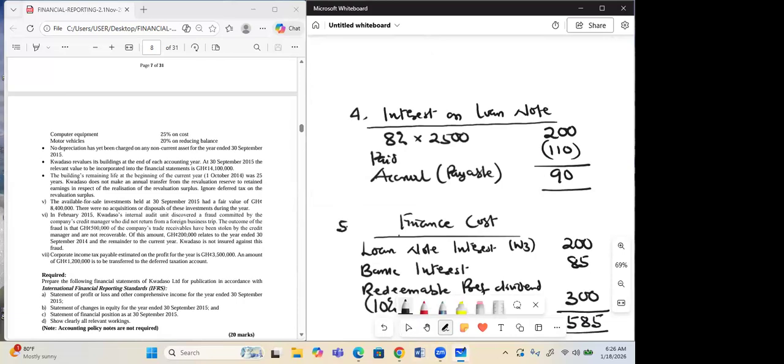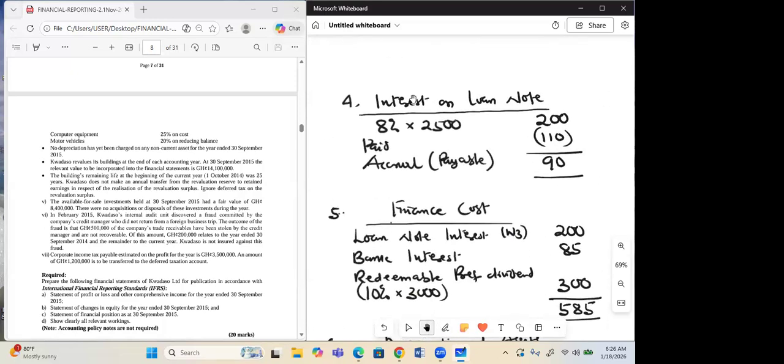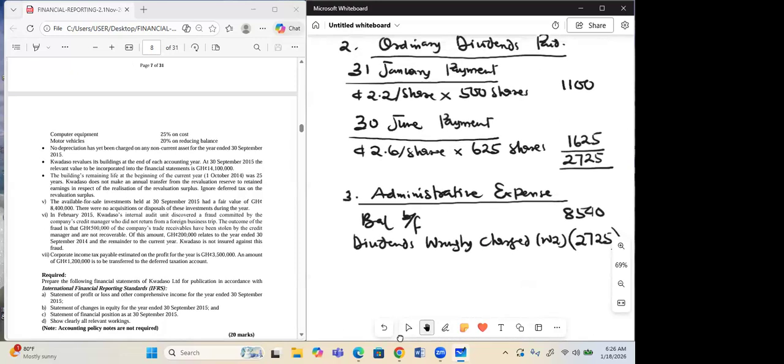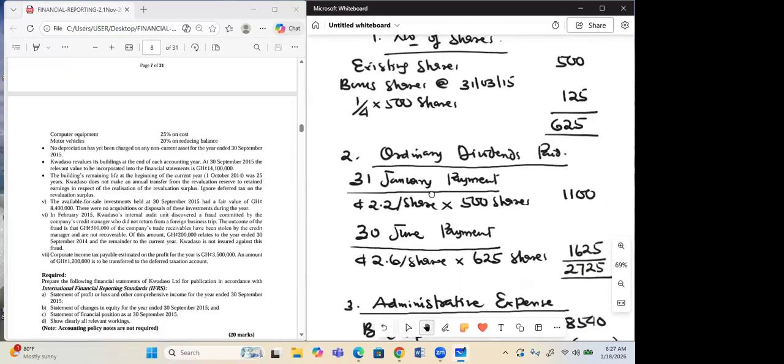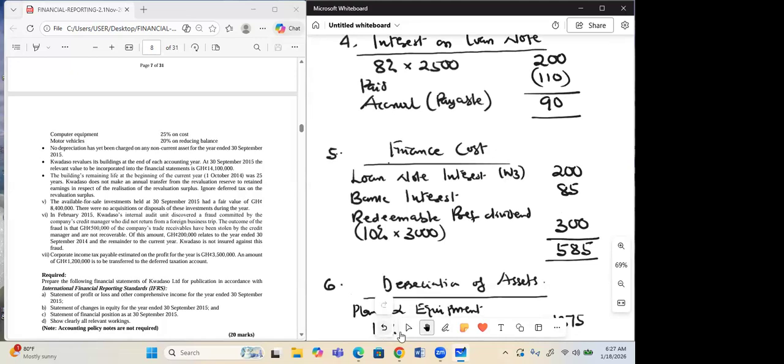And when you go to non-note interest, the finance cost, the working is supposed to be working 4, not working 3.